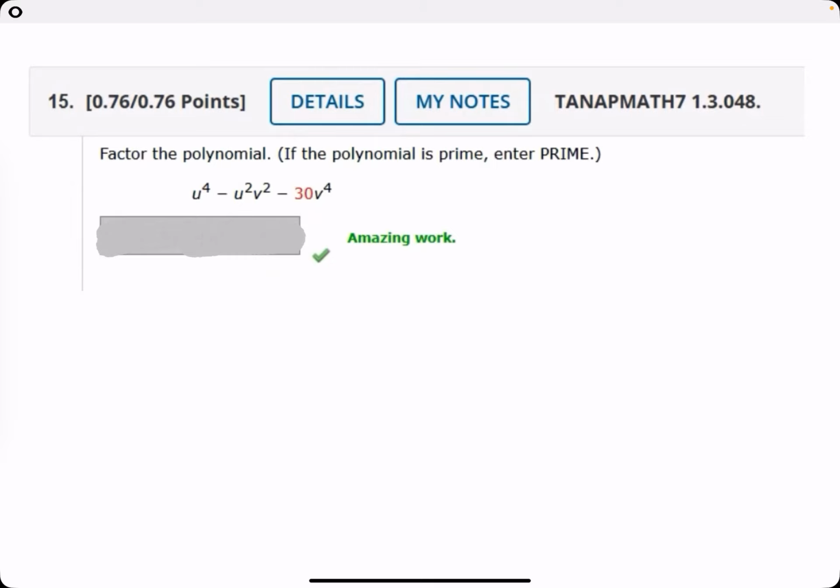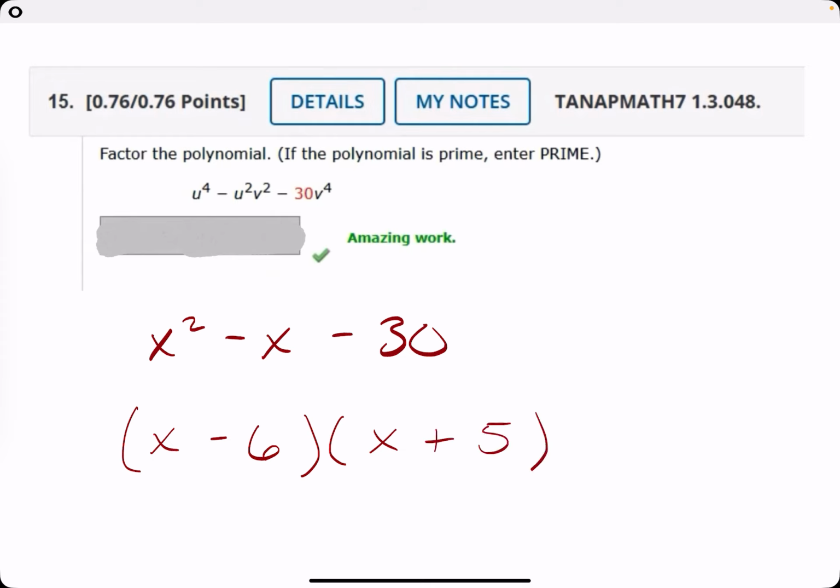If it helps, just think about it as if it were x squared minus x minus 30. And then you just think about how do you factor this? Well, you're going to have x minus 6 and x plus 5, because negative 6 times 5 is negative 30, and negative 6 plus 5 is negative 1.